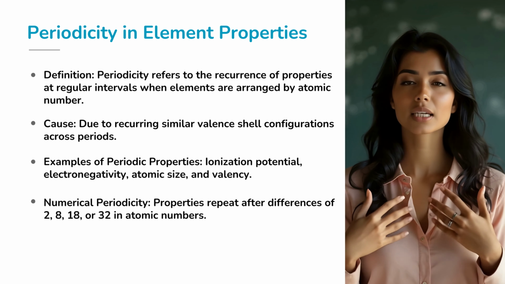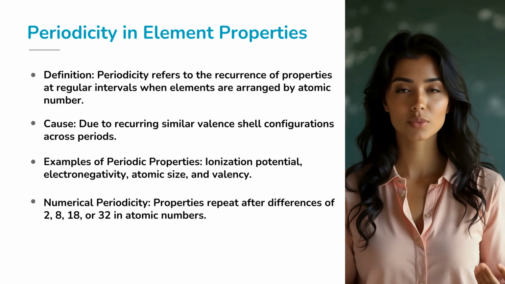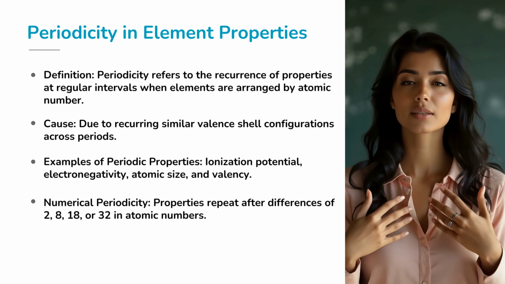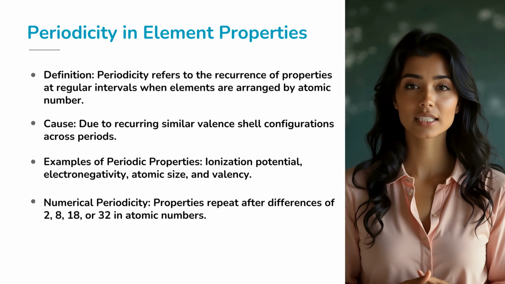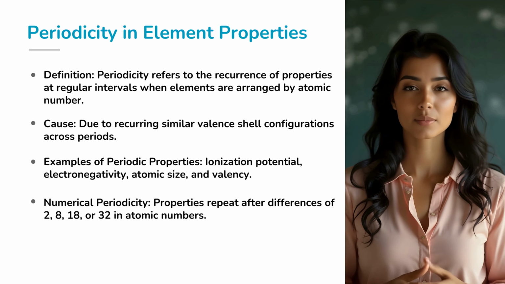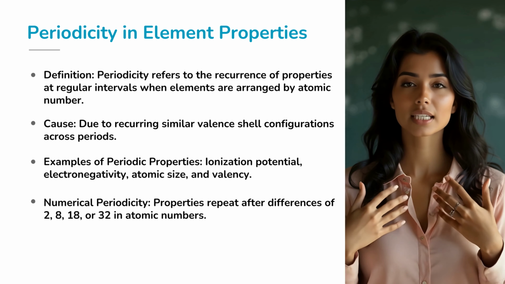Why do patterns keep repeating in the periodic table? It all comes down to periodicity, a repeating cycle of properties due to similar outer electronic configurations. Properties like valency, ionization energy, electronegativity, and metallic character show periodic trends. Let's break it down.